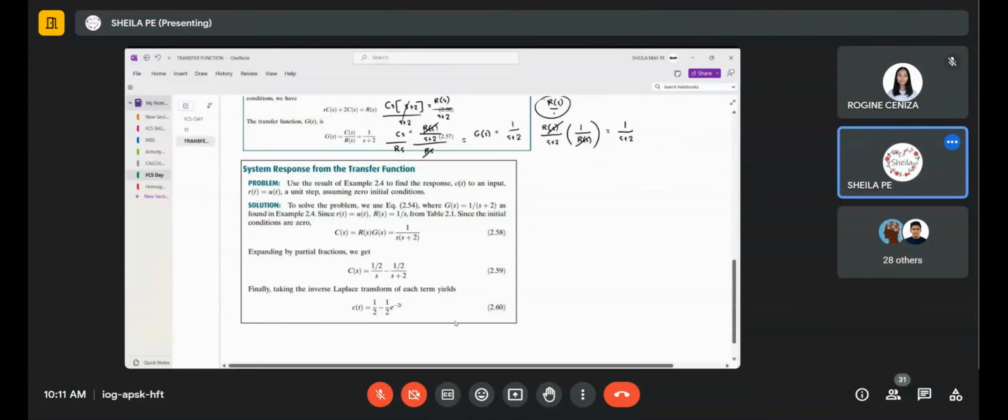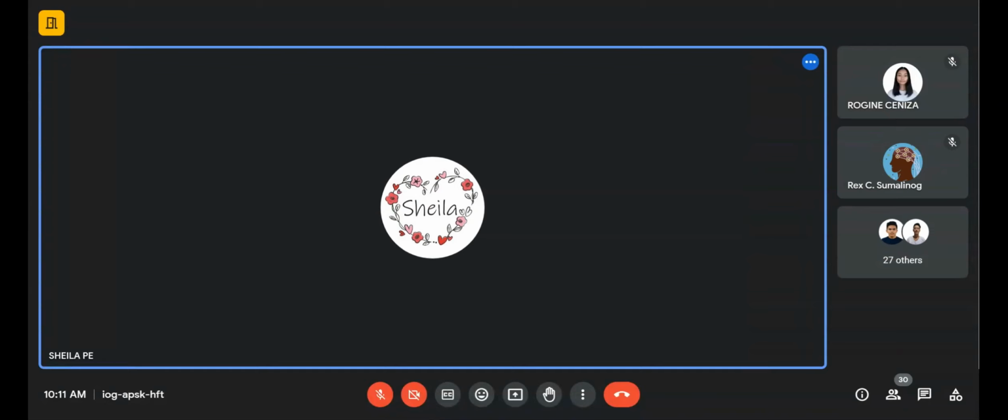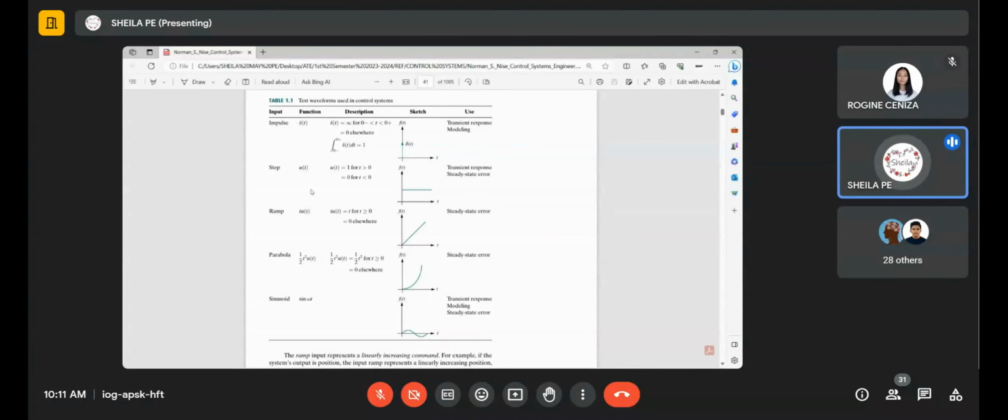Okay, this one. You have the impulse, the step, the ramp, the parabola, the sinusoid, and there are lots of inputs, class, in our system, and they have the function.